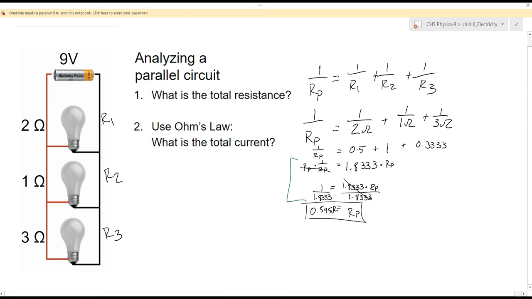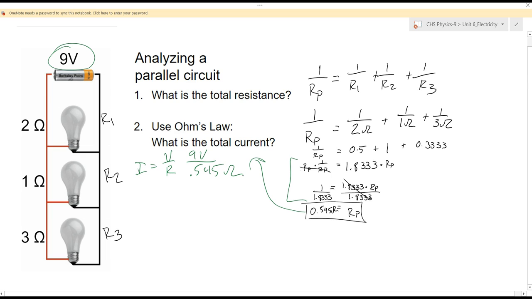So that was our total resistance, and then the total current. We just use Ohm's law again, so I equals V over R. So my voltage is 9 volts from the battery divided by the 0.545 ohms.